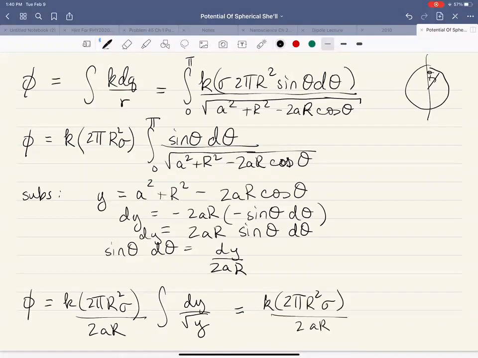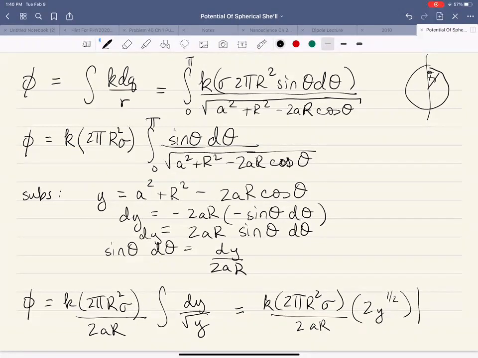I'll simplify here in a minute. And then I end up with 2y to the 1/2. And then I'd have to evaluate that. But before I do that, I'm going to substitute back in my original value of y. So moving on, my original value of y was a squared plus R squared minus 2aR cosine theta.